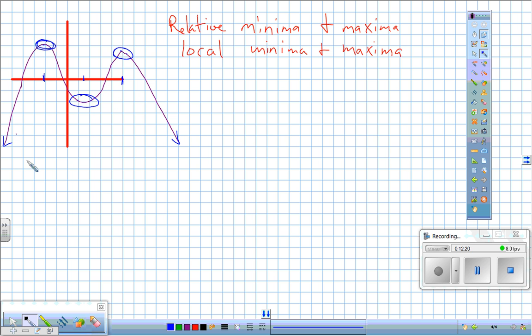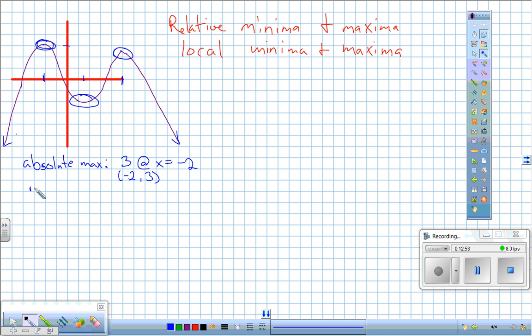So I have an absolute max at my y value. My y value looks like it's about 3. And that happens at x equals -2. If you also just wanted to write -2, 3, I'd be all right with that as well.